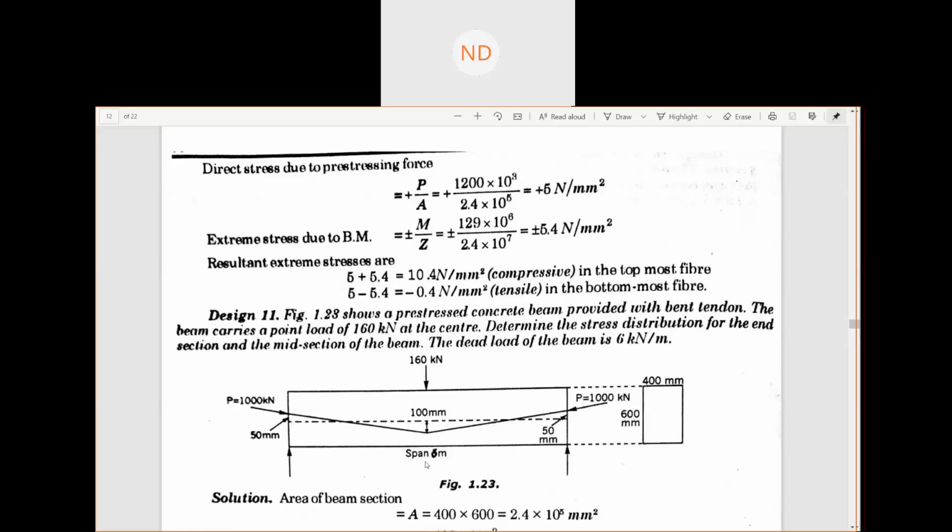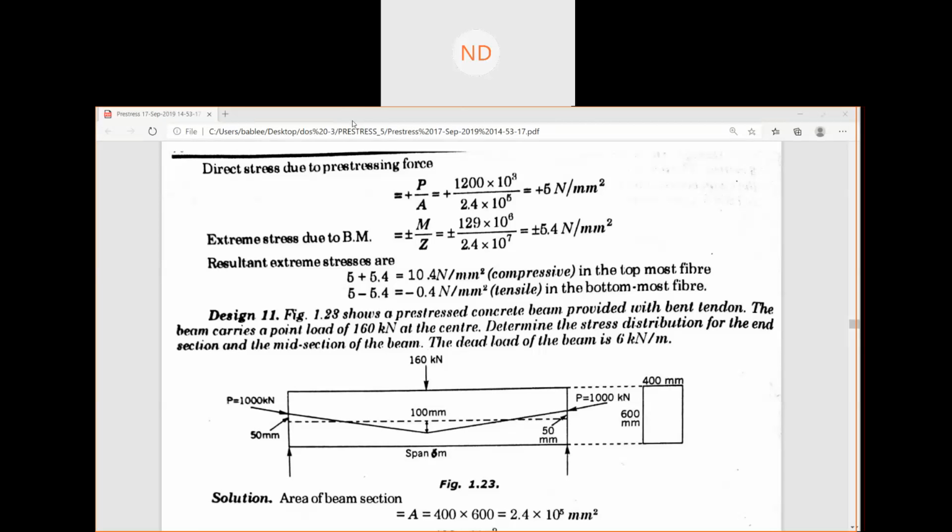And also at the center there will be a moment due to the effect of this eccentricity of 50 mm. Due to this eccentricity, there will be a bending moment due to this eccentric loading. So this pre-stressing force 1000 into Pe, 1000 into 50 by 1000.